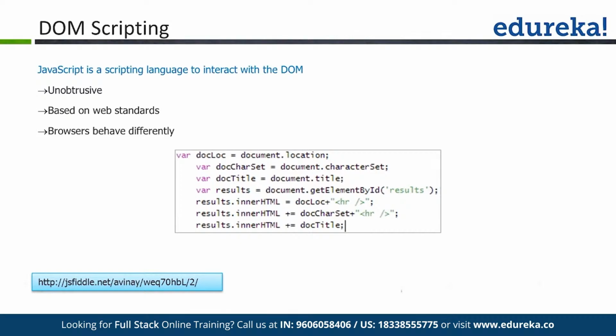Right. So when it comes to DOM manipulation, if you look at this example, let's talk about this particular line. Let's suppose that there is a div tag with the ID results. This particular line basically gets that DOM element to you in this JavaScript variable. And the following lines are setting the HTML inside it.